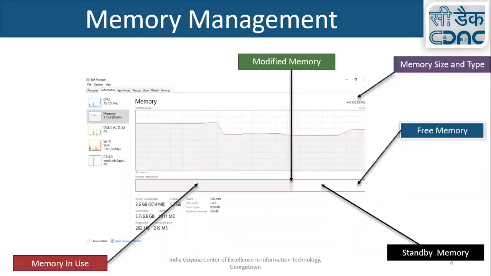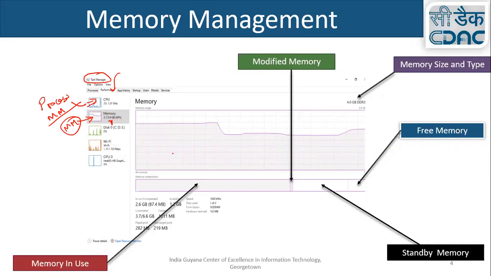Let me move to the next slide. This is the task manager. If you open your task manager, go in the performance section and click on the memory section, you get this diagram.